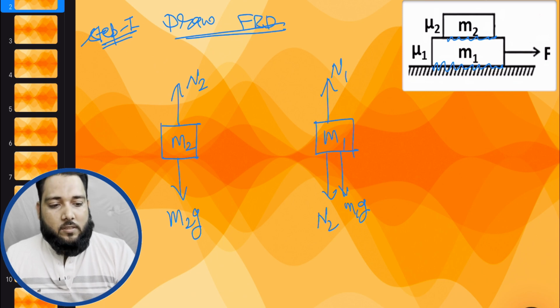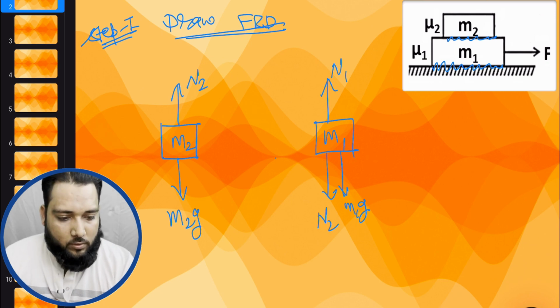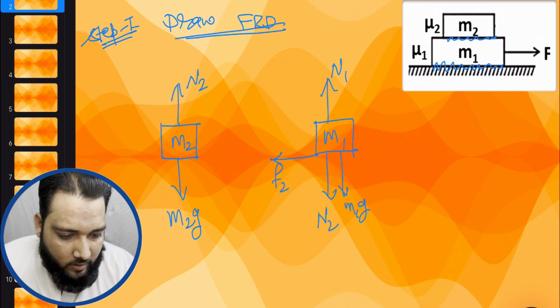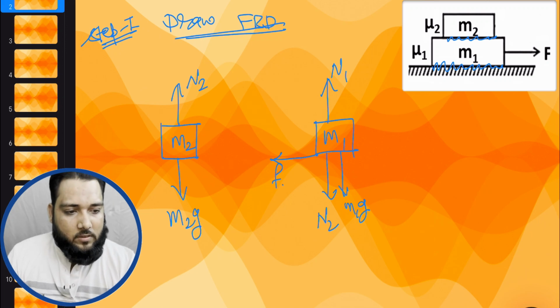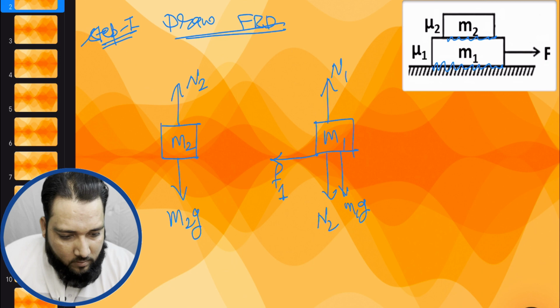So the force of friction by the ground is opposite to the relative motion of the M1 block. This is the force due to the ground. I am taking this as F1, not F2. This is F1. Any confusion?